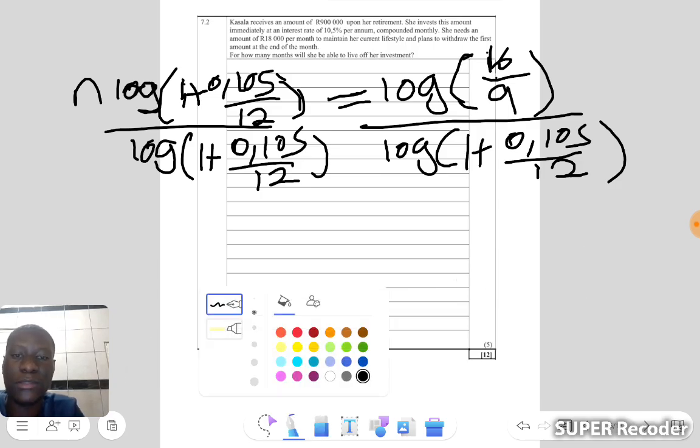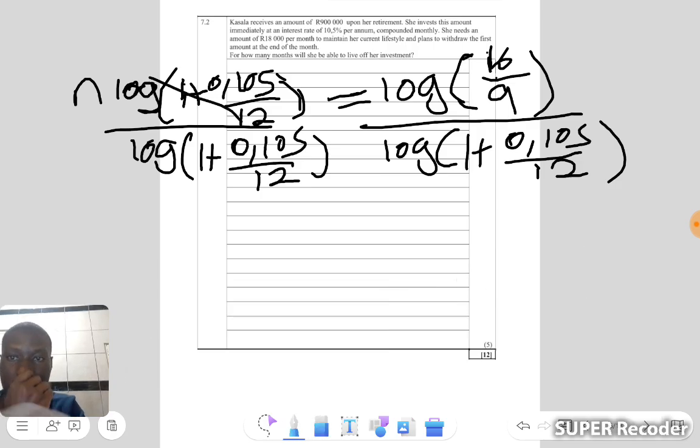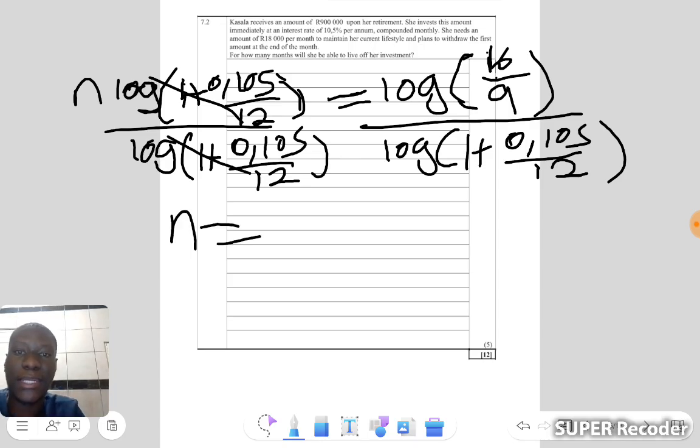Then if you cancel this and punch your calculator, you'll see that n equals 66. This means that, for how many months will she be able to live off her investment?